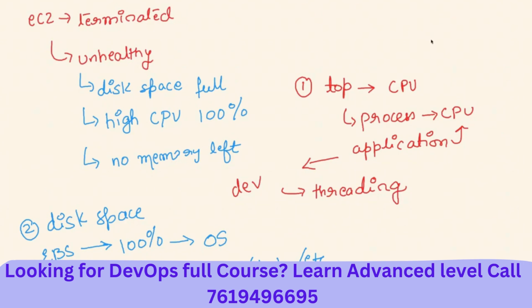The last thing that we can debug here is the free memory left. I'm going to write it here. Third one, we can run the command free -m. This is a Linux command. This is going to tell us how much free swap memory is left.